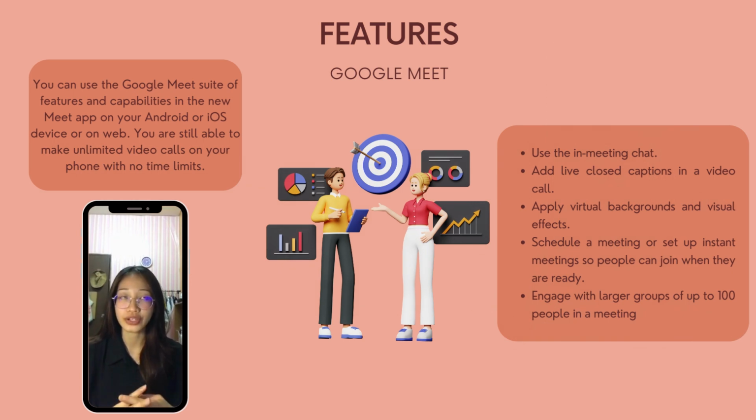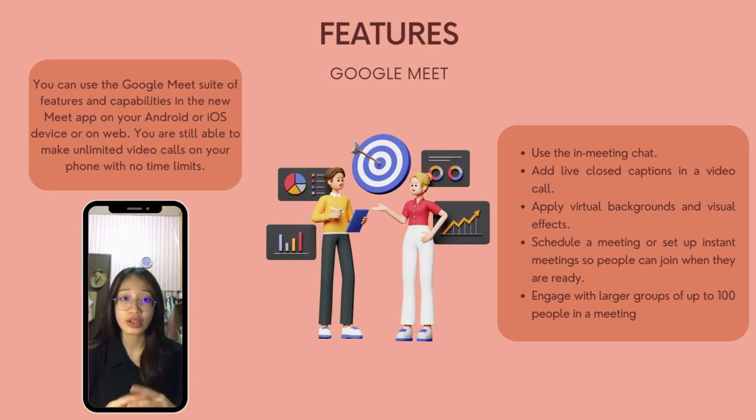Alright, next for the elements of the features in Google Meet, you can use the Google Meet suite of features and capabilities in the new Meet apps on your Android or iOS devices or on the web, so you are still able to make unlimited video calls on your phones with no time limits.